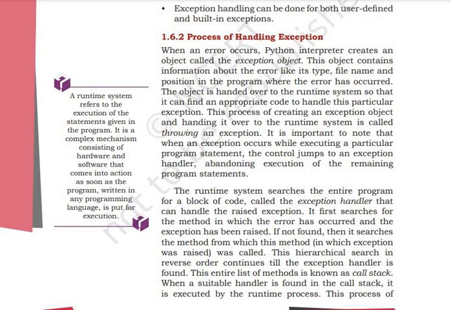When an exception occurs while executing a particular program statement, the control jumps to an exception handler, abandoning the execution of the remaining program statements. The runtime system always searches for the exception handler, which you write to handle the raised exceptions.